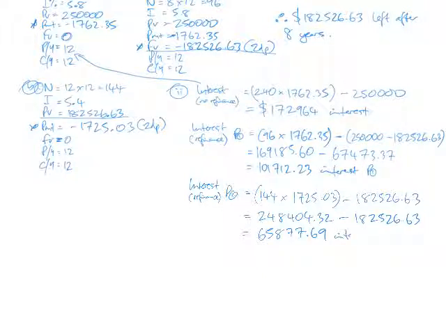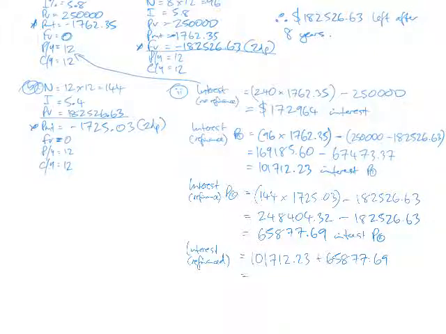So in the last part of the loan, you paid $65,877.69 interest, part 2. So your overall interest paid when you refinanced was part 1 and part 2 added together, 101,712.23 plus 65,877.69.